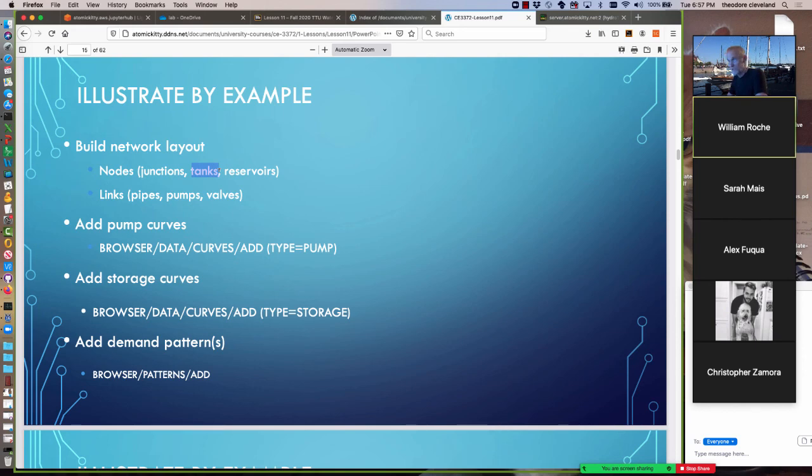It's far easier than just using min depth, max depth, and diameter, because then we're no longer constrained to whatever the geometry of the tank is once we have storage curves. Again, Browser, Data, Curves, Add, Type equals Storage. And finally, we would put in any demand patterns, Browser, Patterns, Add.